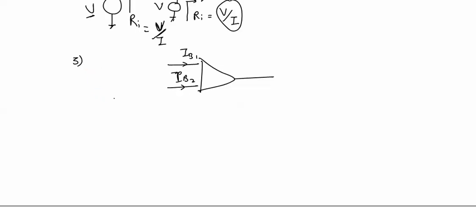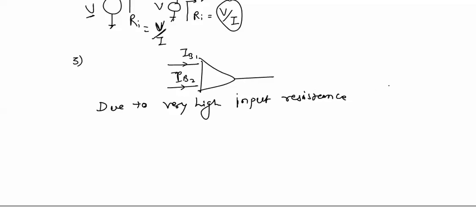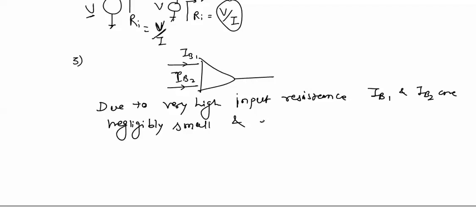So the third characteristic is that due to very high input resistance or input impedance, IB1 and IB2 are negligibly small, and ideally they are 0.